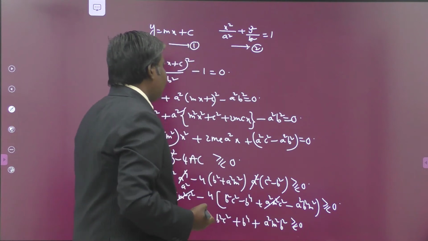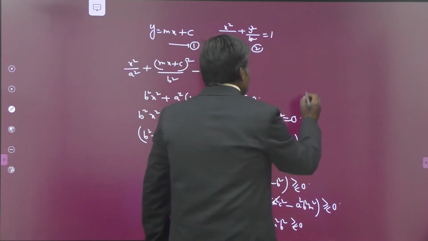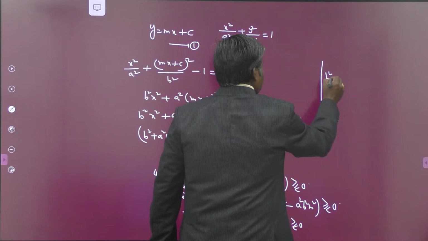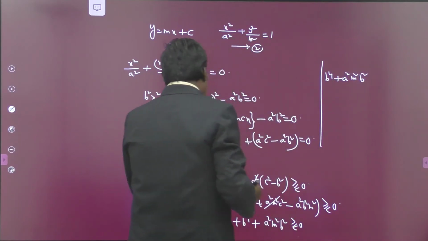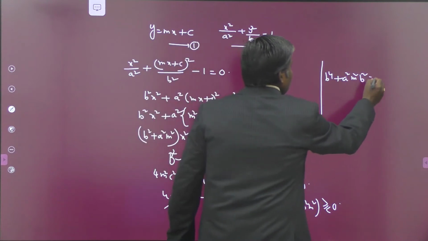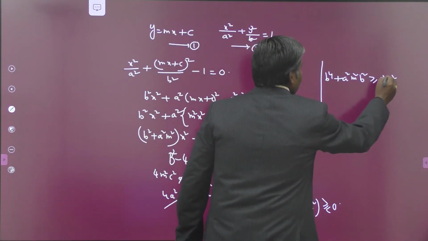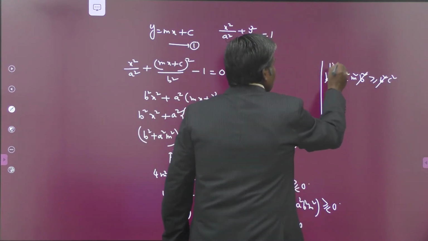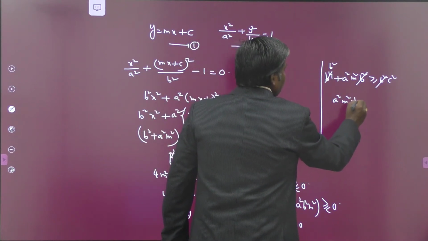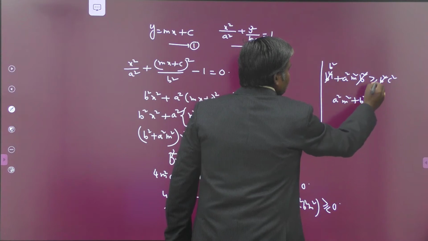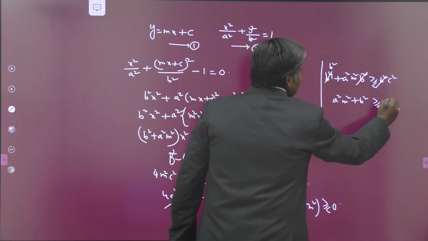So b power 4 plus a square m square b square is greater than, equal to, or less than b square c square. B square gets cancelled. So a square m square plus b square is greater than, equal to, or less than c square.